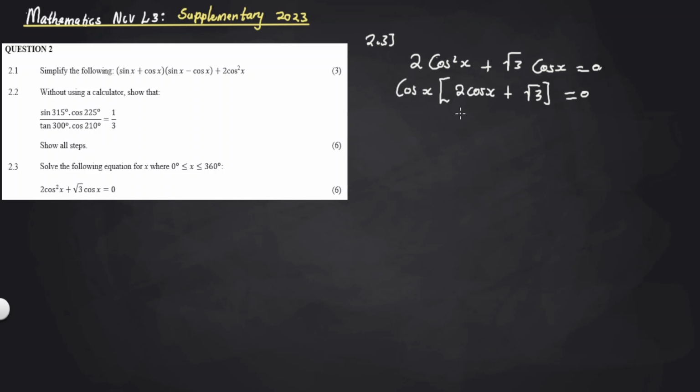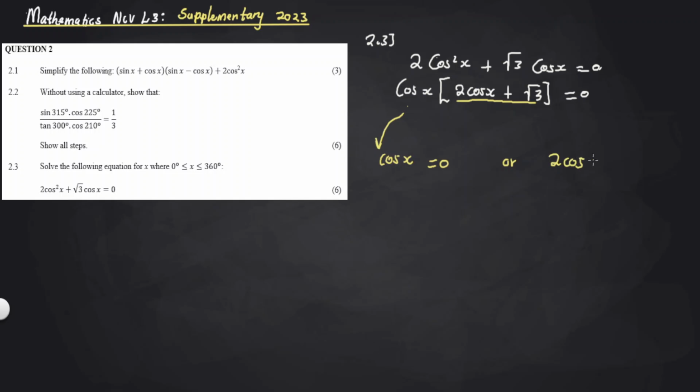Using the zero factor law, this is what we have learned in algebra. Trigonometry is sort of like algebra but with additional rules. So this cos x will be equated to 0, and this other bracket will be equated to 0.